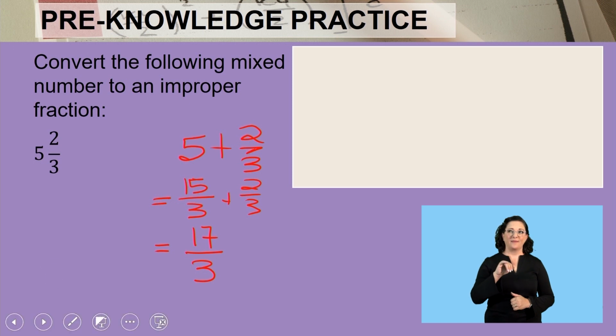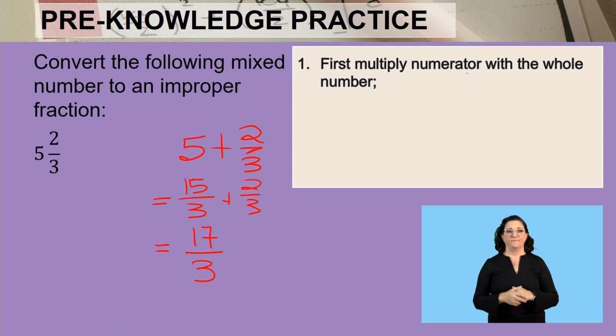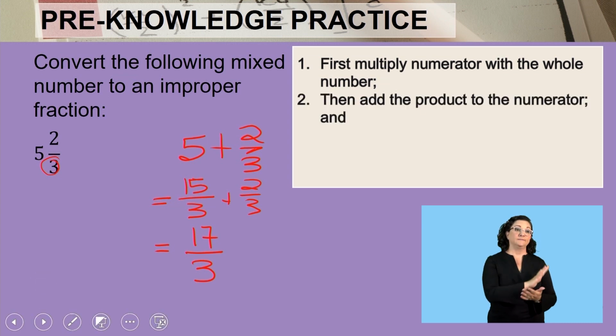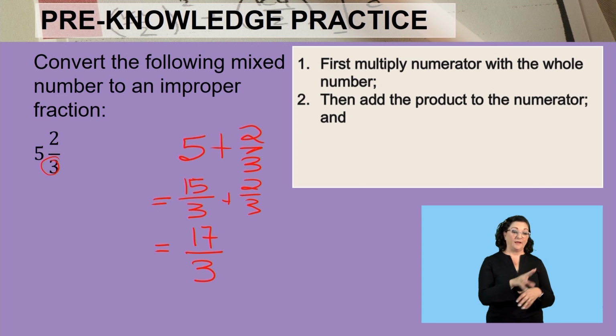But the shorter way of getting there would be: 1. We multiply the denominator with the whole number. So it's 3 times 5, which gives you 15. And number 2, we add the product of the denominator and the whole number to the numerator, and that would be 15 plus 2, which gives you 17.